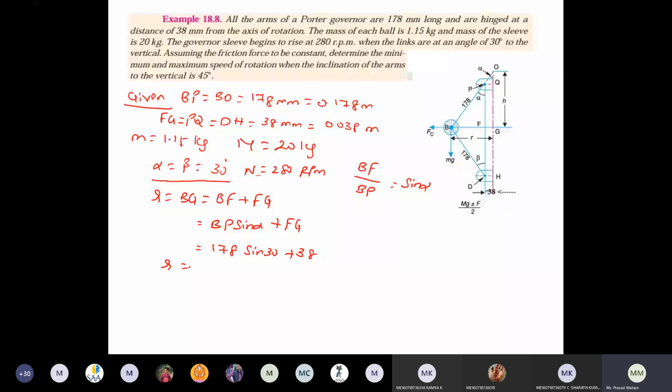What R value did we get? 127, right, 127 mm. R is equal to 127 mm.